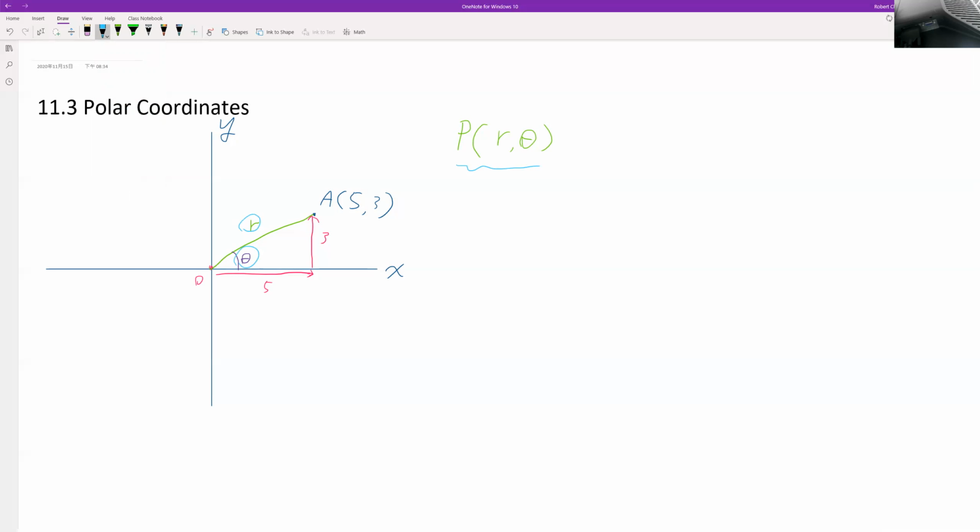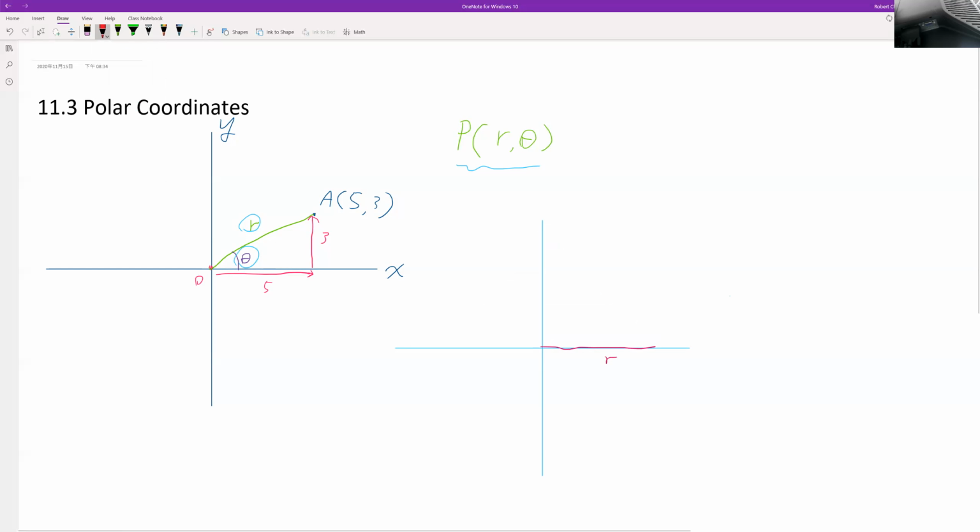In simple words, another way to get to this point, A, is first we need to figure out the length of the line we're going to take, in this case, the radius. How long of a line are we going to take? And once we have decided on that, the next thing we need to decide is the angle of rotation.